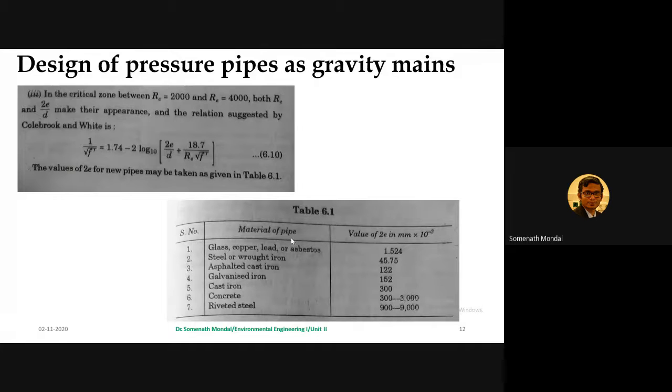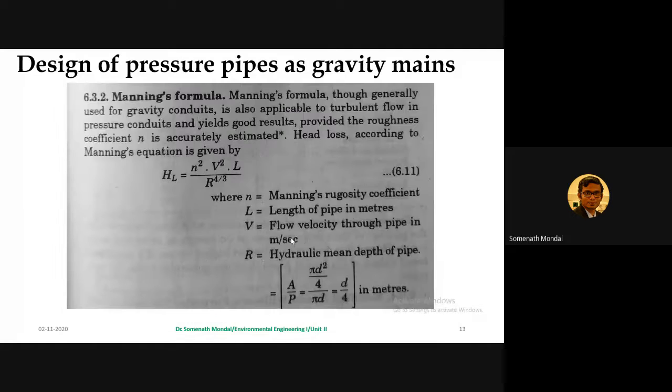So let's see, we are now going to talk about Manning's formula. Manning's formula, though generally used for gravity conduits, is also applicable to turbulent flow in pressure conduits, and it has been observed that this Manning formula yields very satisfactory results provided the roughness coefficient eta or n is measured very accurately.